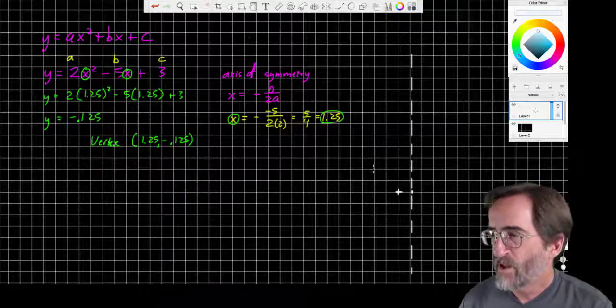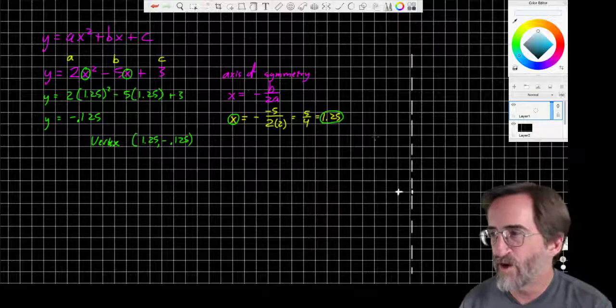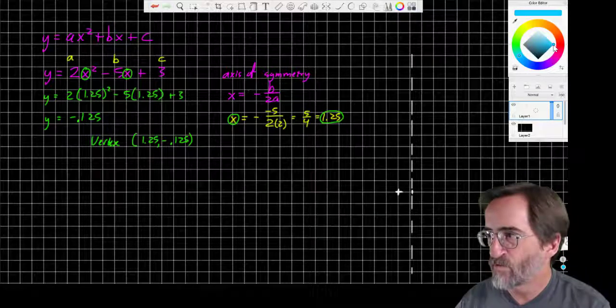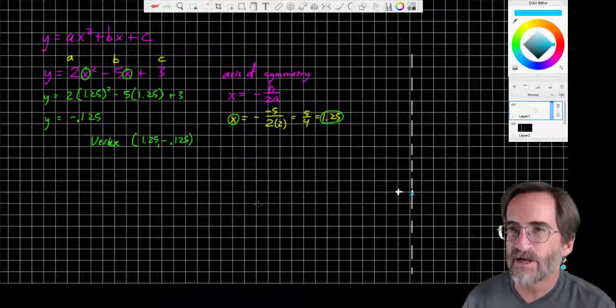Okay. And I'm going to graph the point 1.25, negative 0.125. So negative 1/8. So right about right here, just a little bit below the x-axis.